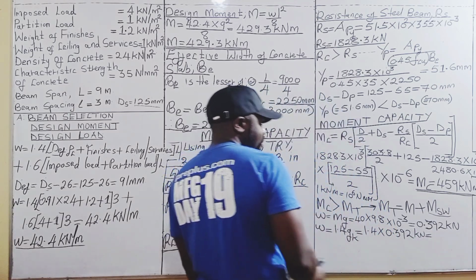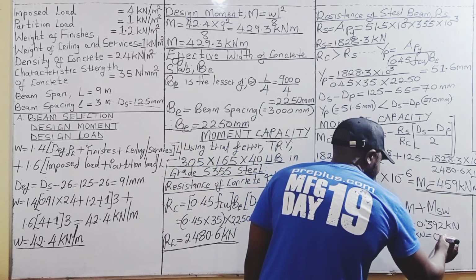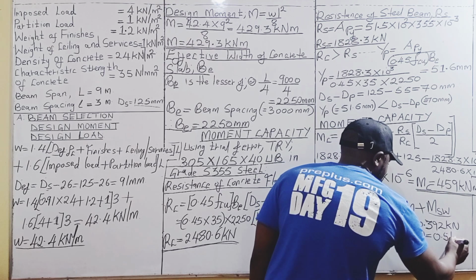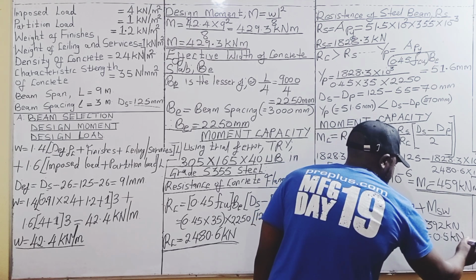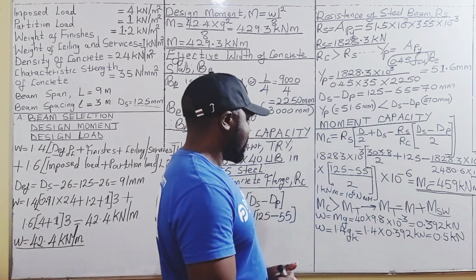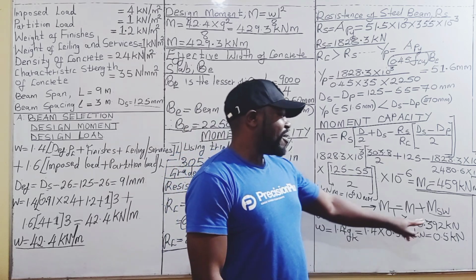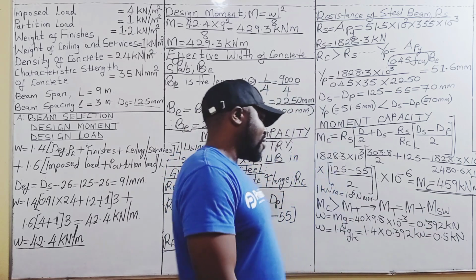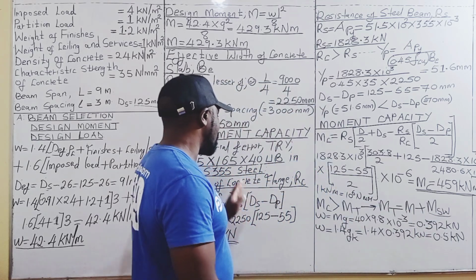And by doing so, this is going to give us 0.5 kilonewtons. Therefore, from there, we can now determine the moment due to self-weight of this particular UB.